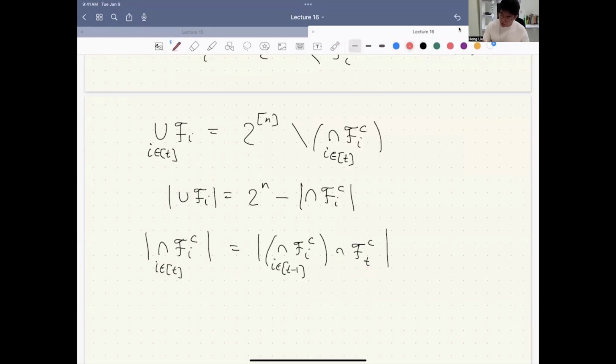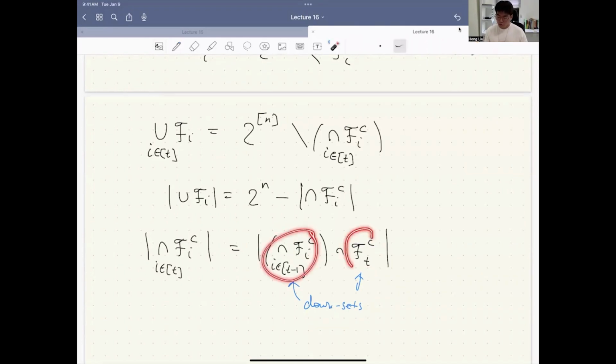A simple property is that if each one of them is a downset, the intersection of downsets is still a downset. Now it looks like the setup in Harris-Kleitman. We have the intersection of two downsets. Their cardinality is at least the product of their cardinalities, normalized properly.